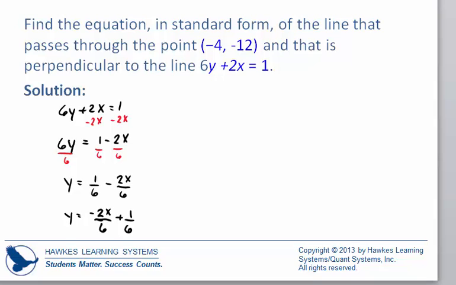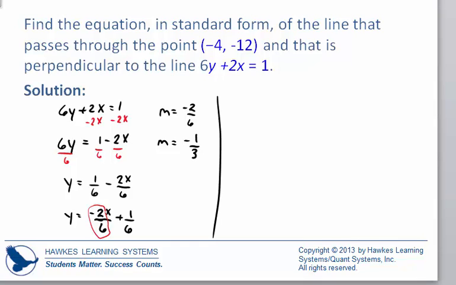So as I'm looking at that equation in slope-intercept form, what is the slope? Remember that the slope sits in front of the x in that format. So my slope of this line is negative 2 over 6, which we know reduces to negative 1/3.